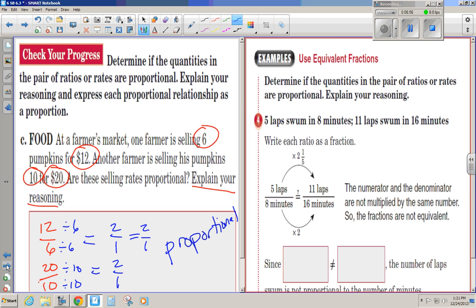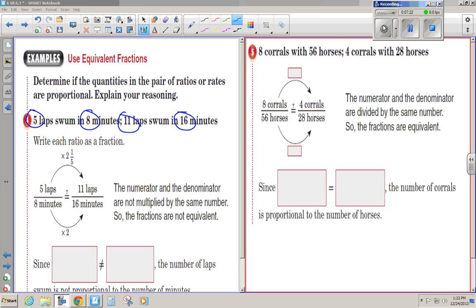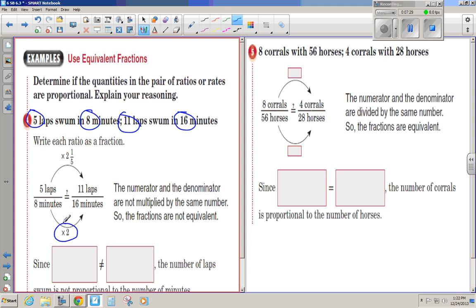All right, so now using equivalent fractions. So now you have to determine if the quantities in the pair of ratios or rates are proportional. So 5 laps in 8 minutes, 11 laps in 16 minutes. All right, so these ones are a little more difficult to put into a unit rate. And what this example is showing us is that to get from 8 to 16, you multiply by 2.